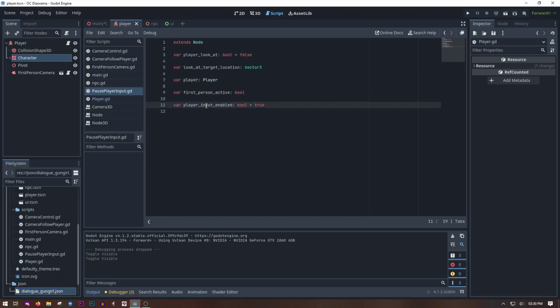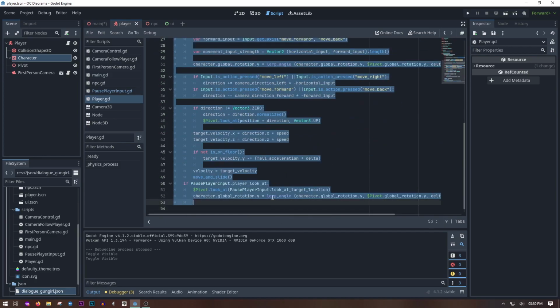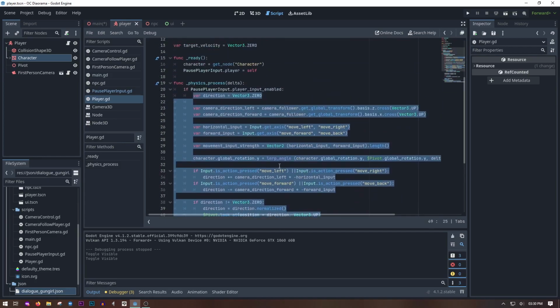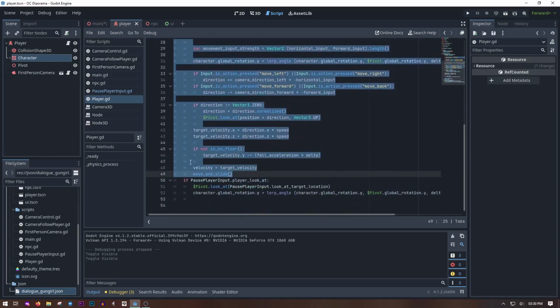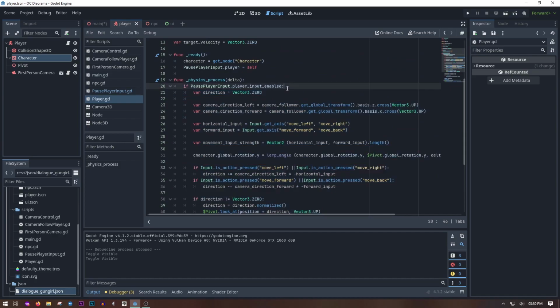When you're talking to a player, they set it to false. And so in the player script, if this is enabled, do all of the physics for the player. So this is all of this. And if it's not, then it don't. So once you're talking to an NPC, physics is disabled, basically.